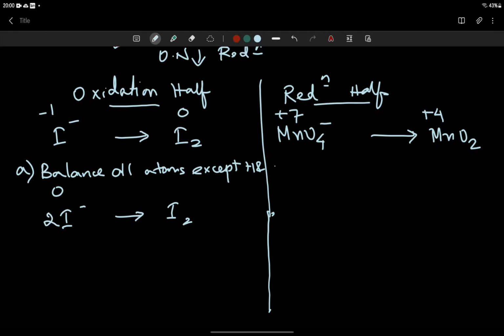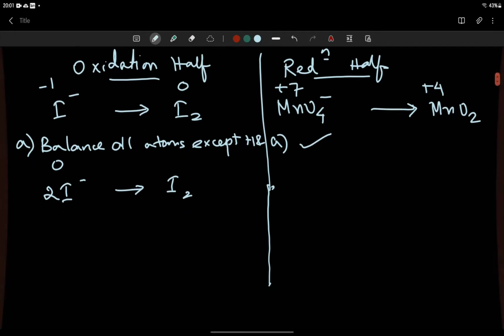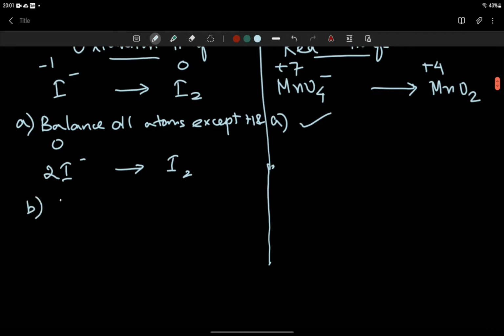In the reduction half also, the first step is to balance all atoms except hydrogen and oxygen. Here it is already balanced: 1 Mn in the reactant side, 1 Mn in the product side. After that, balance oxygen atoms. In the oxidation half no oxygen is present, so I don't need to balance oxygen over here.